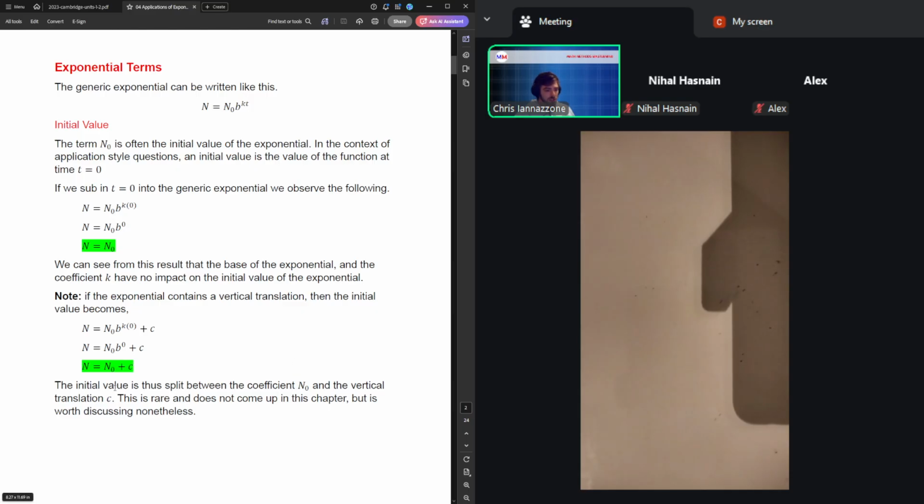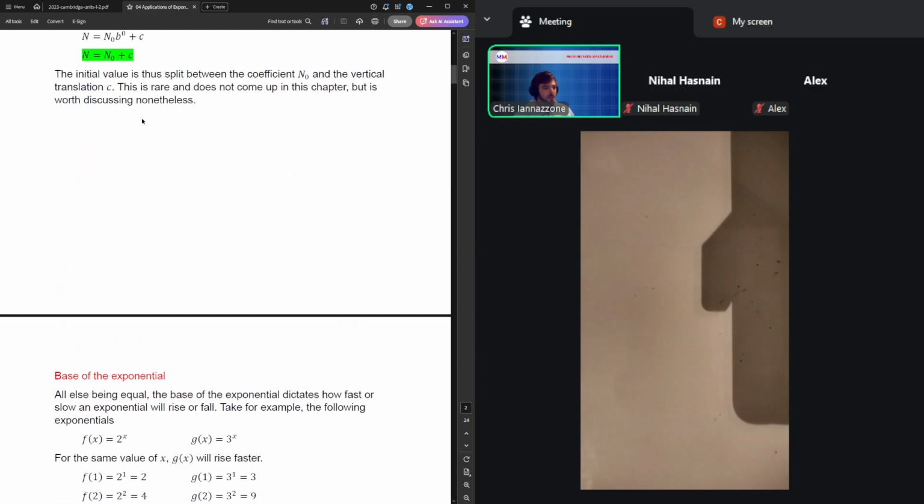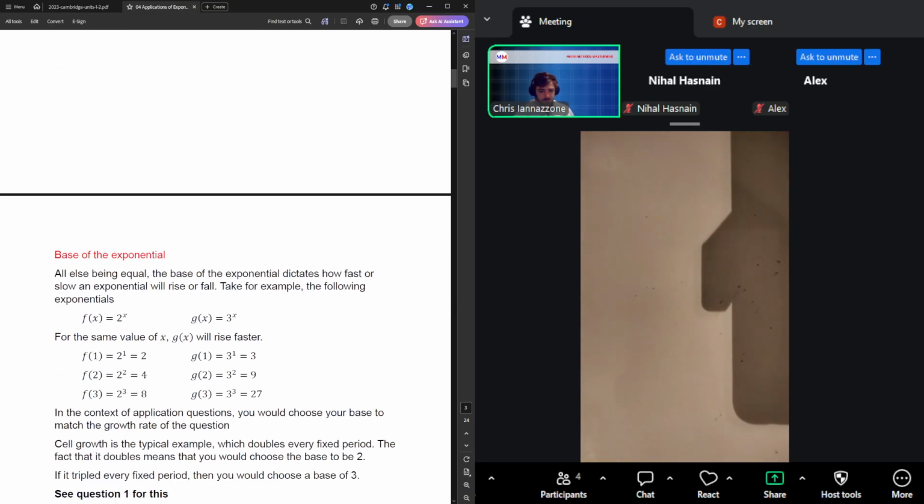So your initial value, you'll have to figure out how to split between that. I've never seen that come up, so it shouldn't matter, but I figured it's worth pointing out that, hey, if you do have something else in there, whether it be a constant or otherwise, that will make the idea of just setting the initial value a little bit harder, because you have to now split it between the two.